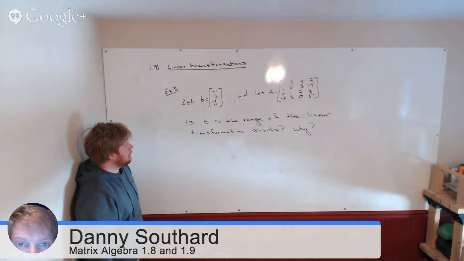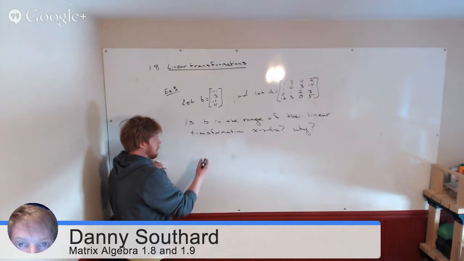So what we want to know is there some x that will give me b? So it's sort of the same question, but asked in a different way.